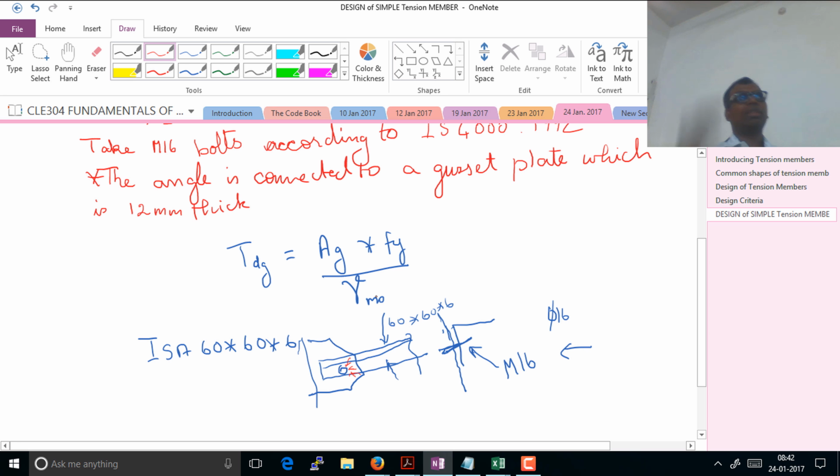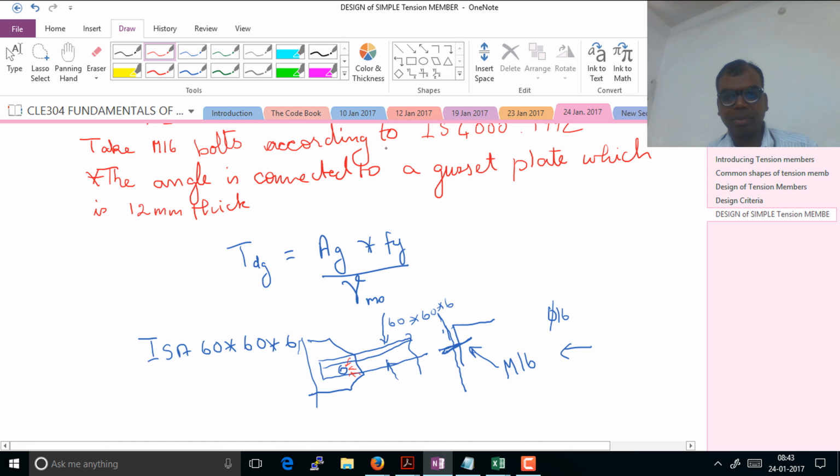So the entire tension is being carried on this bolt. Because of the L shape, there is shear lag.